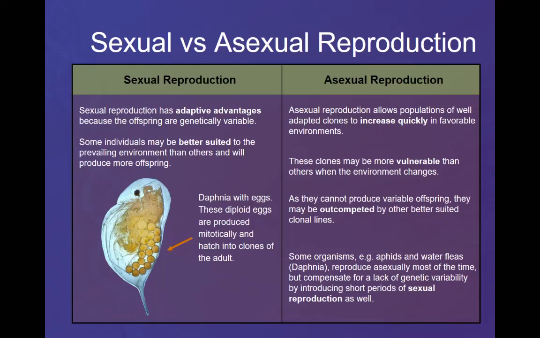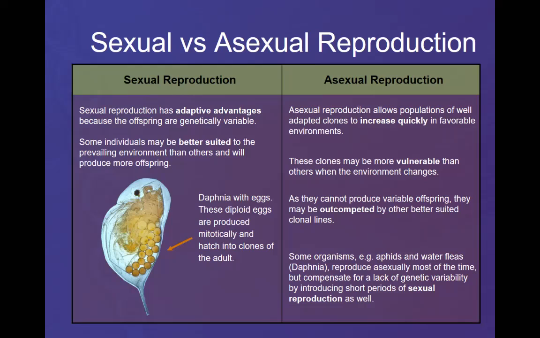Sexual reproduction has adaptive advantages. If you live in a changing environment, you have a lot of variety, and those individuals who have the best combination of traits are going to be more likely to survive and pass on those traits. But if the environment changes, there's enough variety to go ahead and find new, better traits that fit for that particular environment.